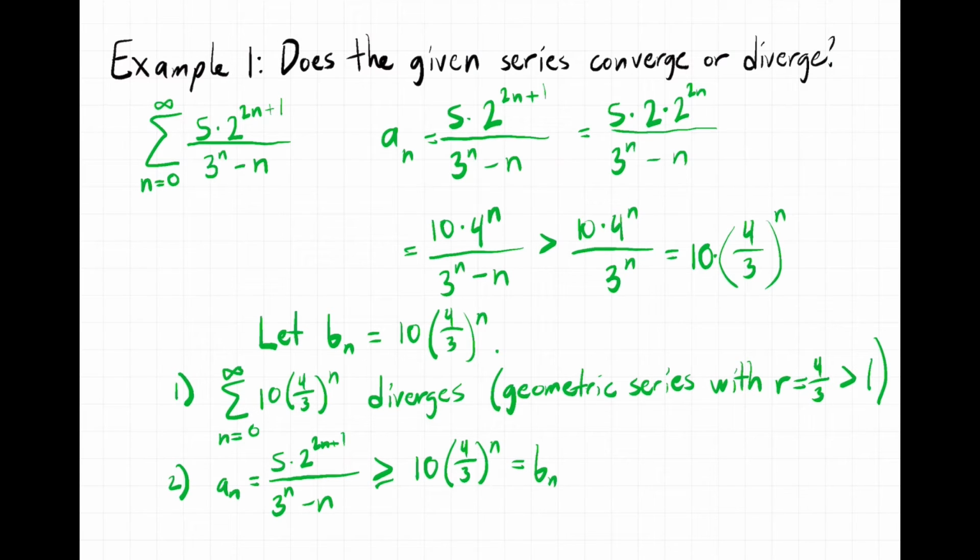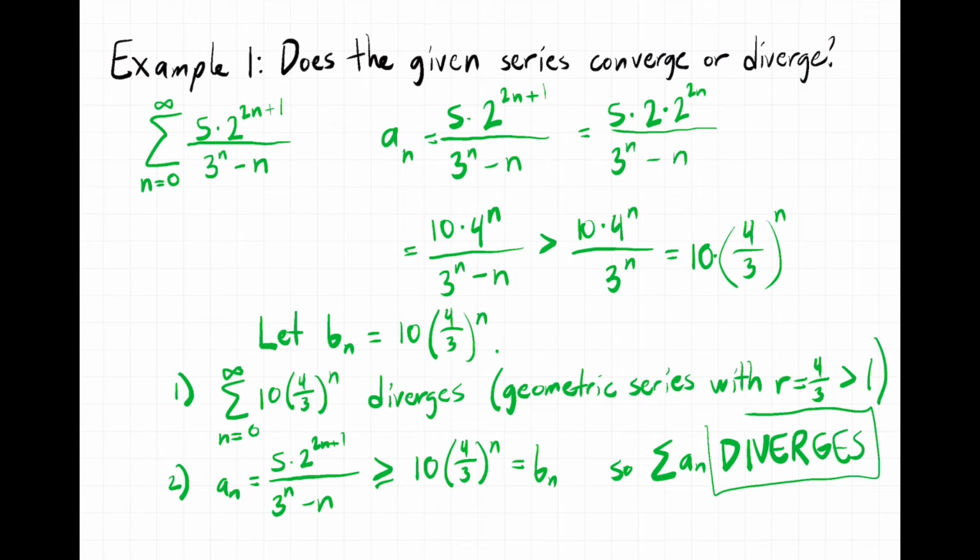So these two facts tell us, by the direct comparison test, that our series diverges. So the sum of an diverges. And that is our conclusion.